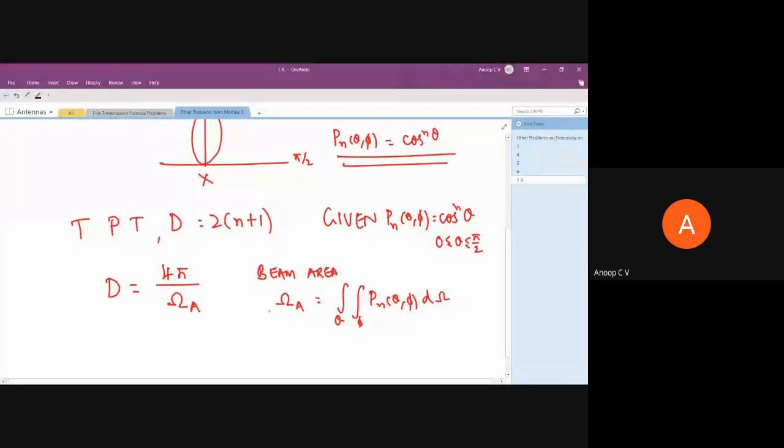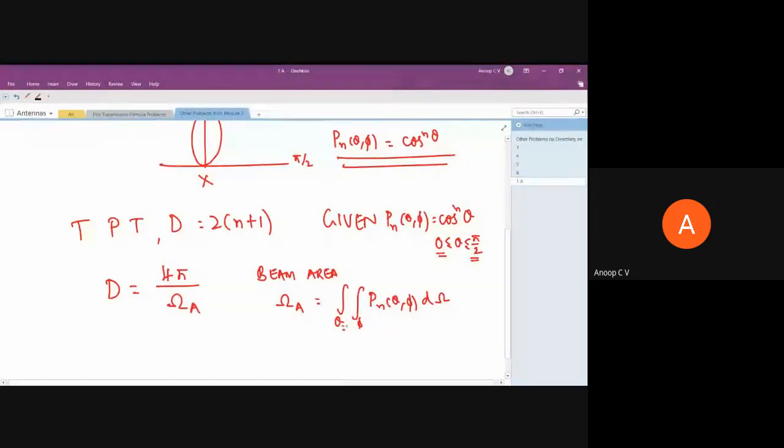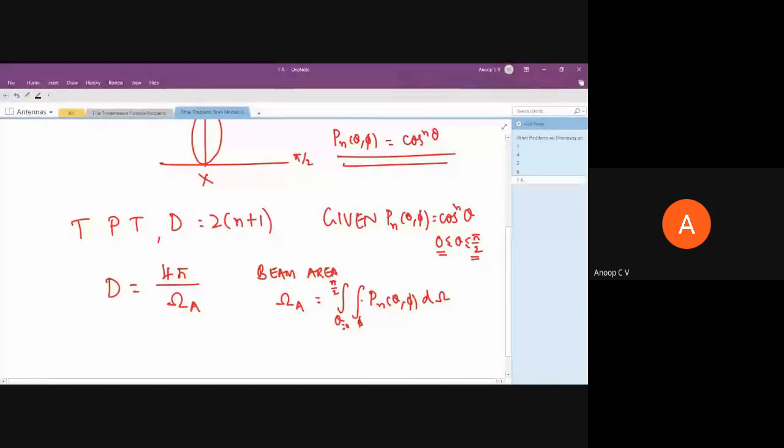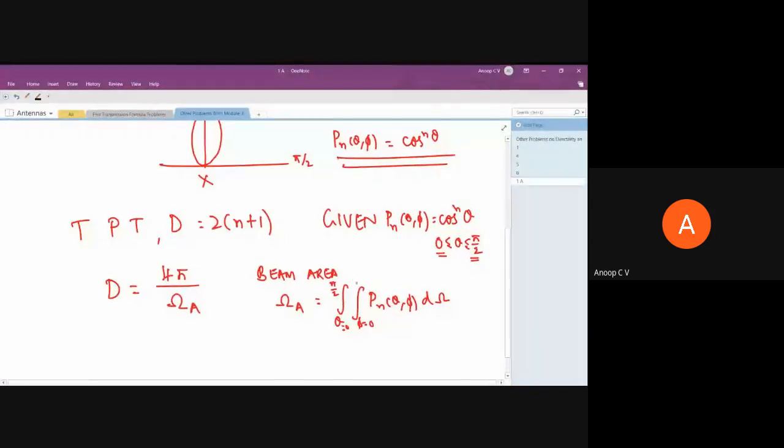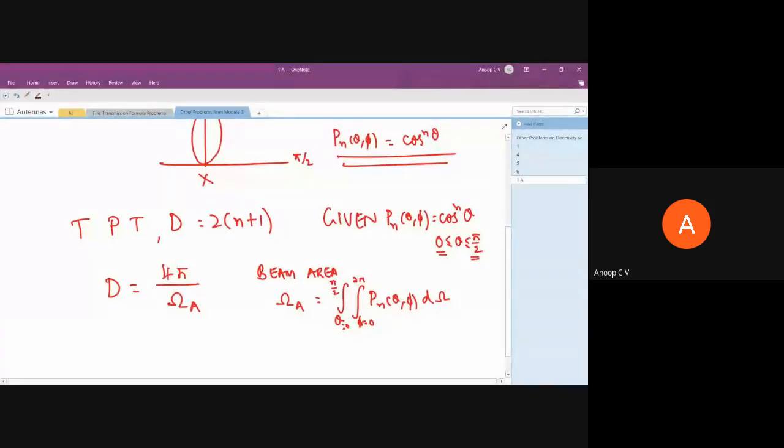By definition, beam area is the integral of the normalized power pattern over the complete solid angle. In this case, the constraint is that theta varies only from 0 to pi by 2, and phi from 0 to 2 pi. No constraint is given on phi.